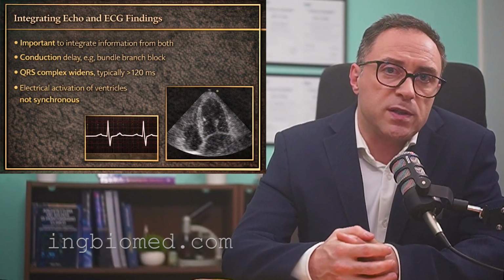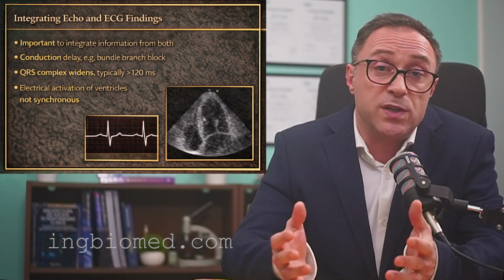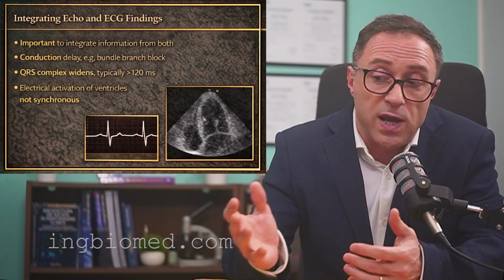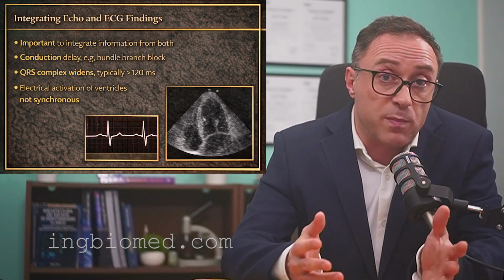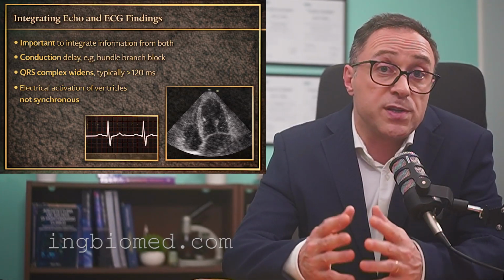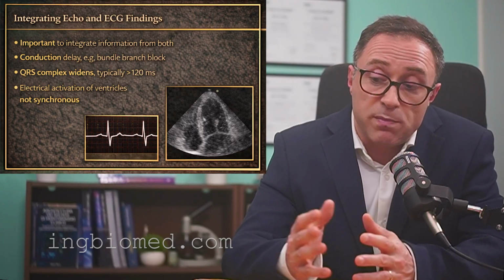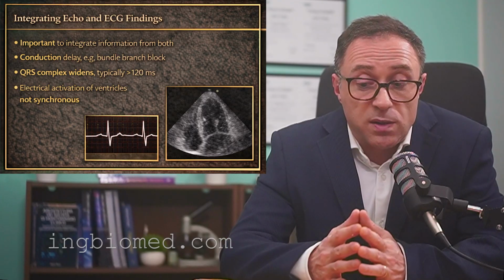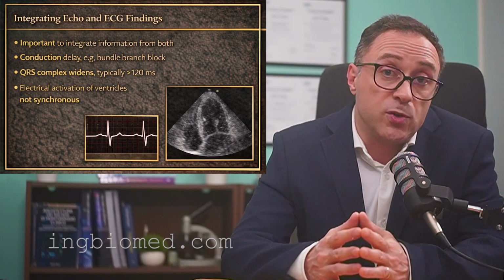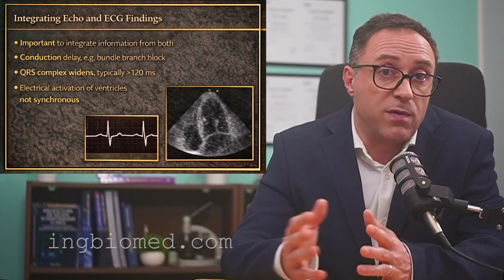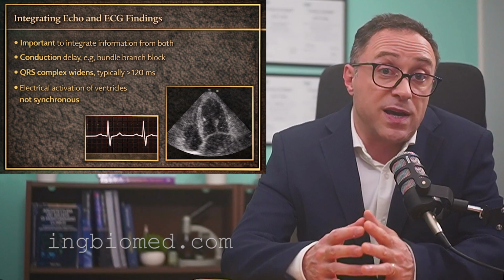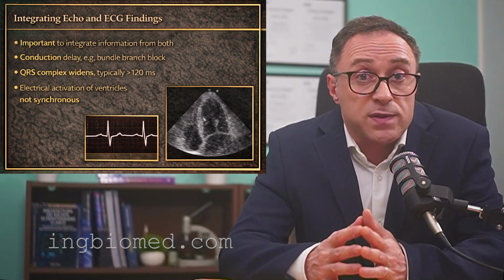At this point, it's important to integrate what we see on echo with what we see on the ECG. For example, if there is a conduction delay, such as a bundle branch block, the QRS complex becomes wider, typically above 120 milliseconds.